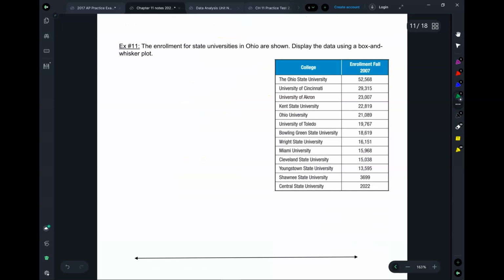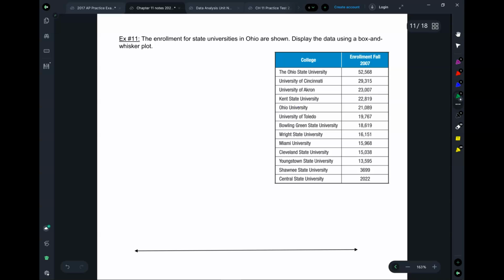Okay, so let's do a box and whisker plot here. First, is this data sorted? Well, it is. It's just in reverse order, going from biggest to smallest, which is good. So this is the maximum, and this is the minimum.